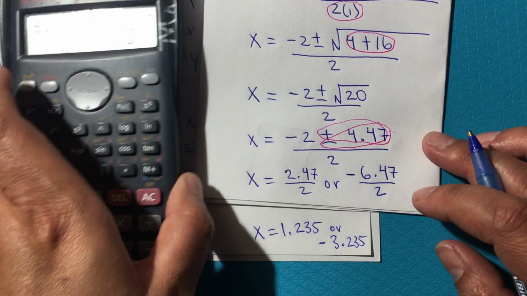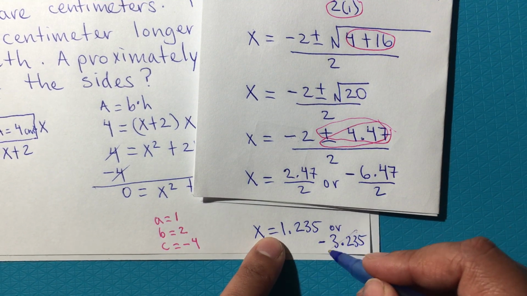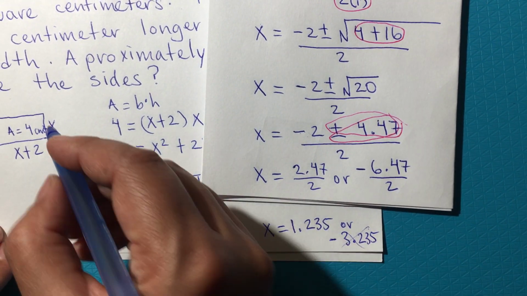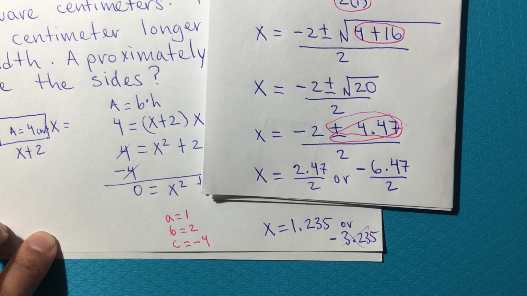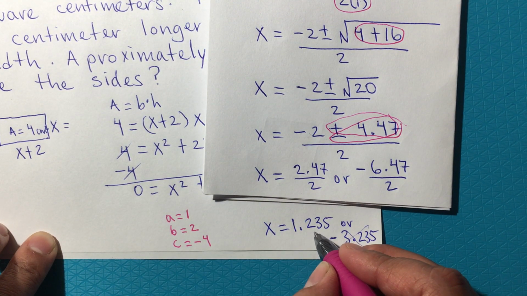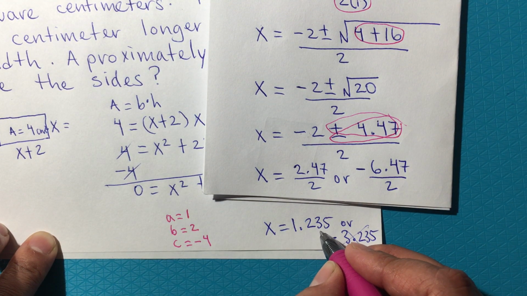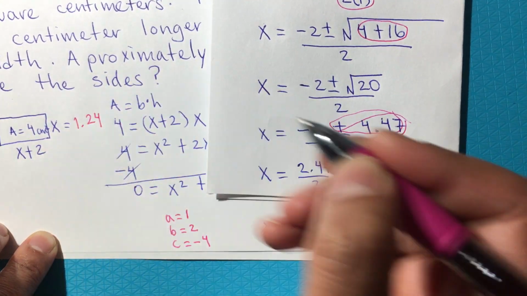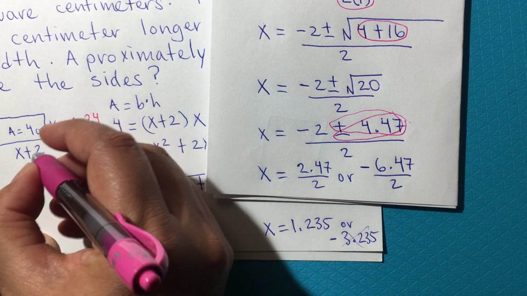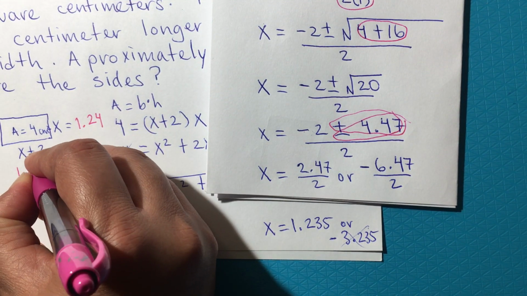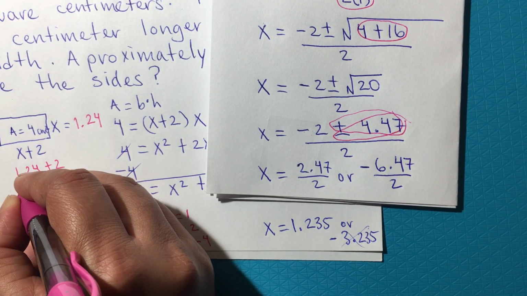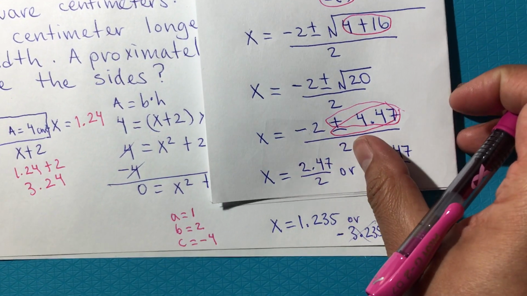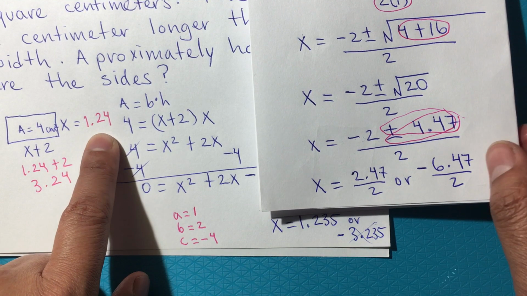Again, we cannot have a negative answer for distances, so that means that x will be 1 point, and if we can round to the hundredths, that will be better. So 1.24. And in here, it's 1.24 plus 2, which is 3.24. So the approximate, and it's approximate because we're rounding, okay?